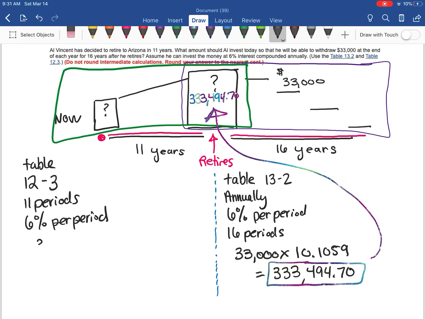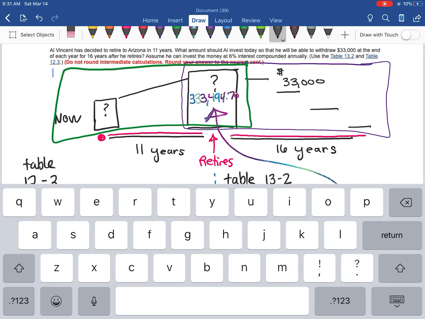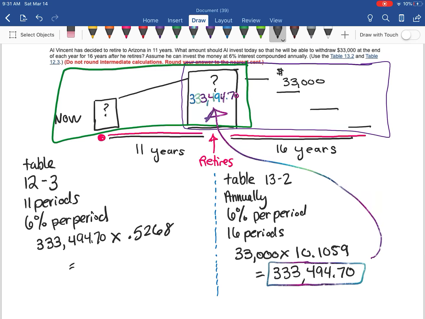And I would take the $333,494.70 times that table value. When you look up that table value, you should get 0.5268. And when you multiply that together, you should get $175,685.01. So this is the final answer.